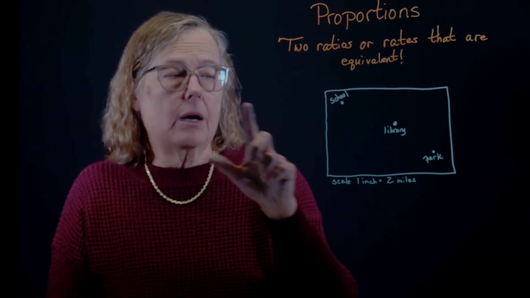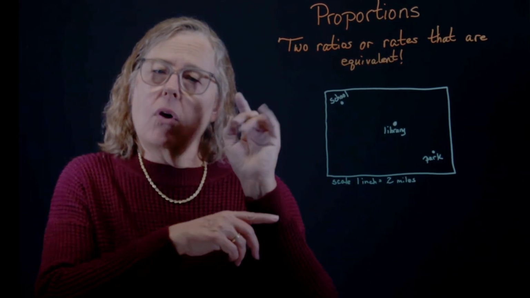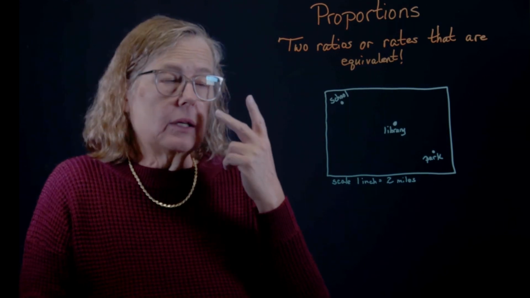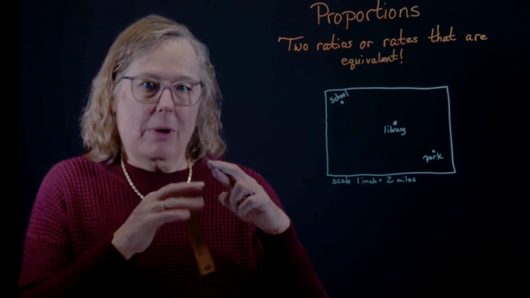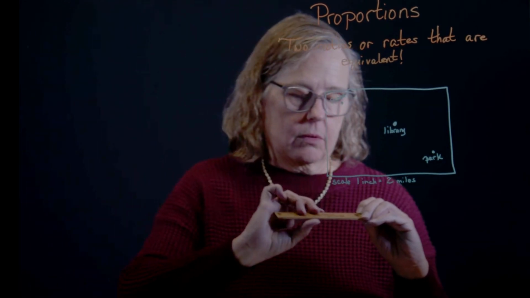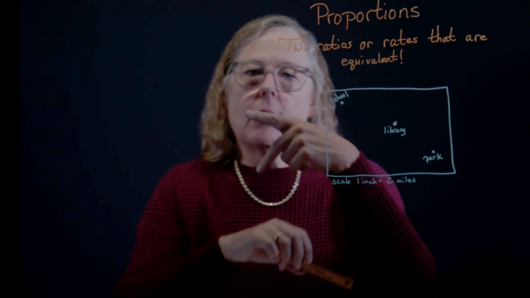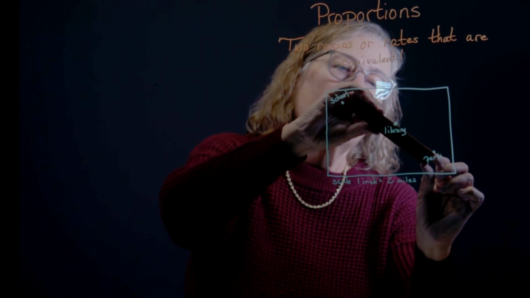Look, here on this map I have a library, I've got the park. How far is it? Let's measure it. We're going to start here at the park, go into the library.